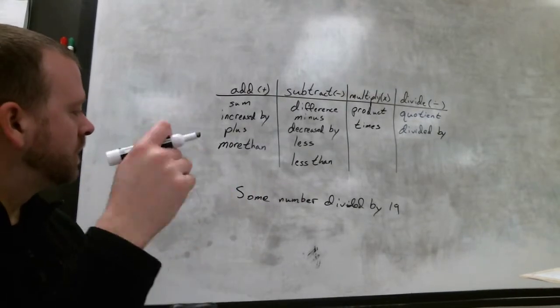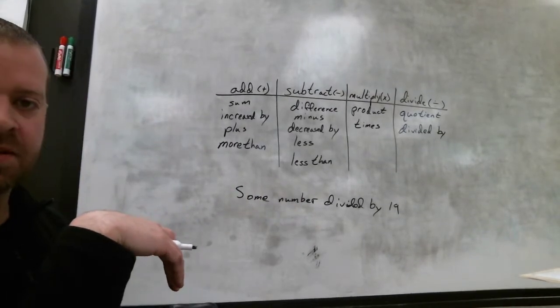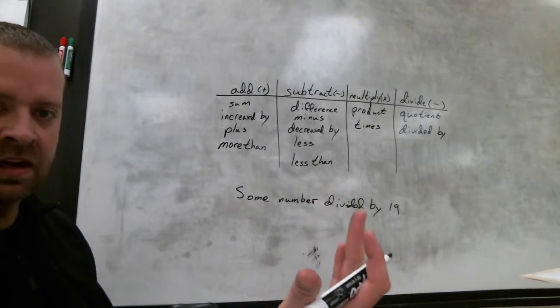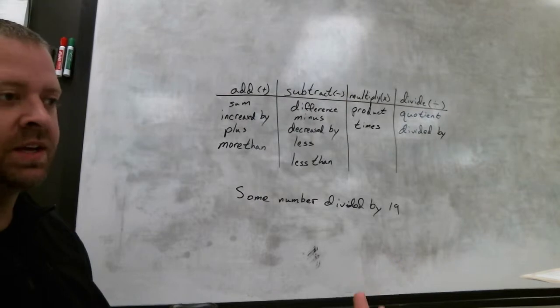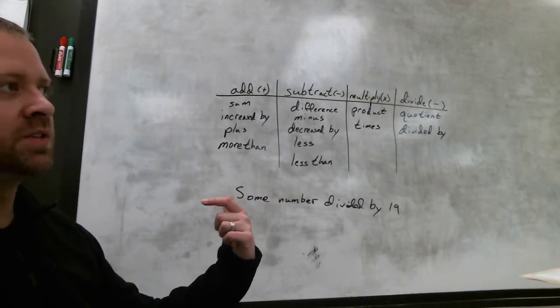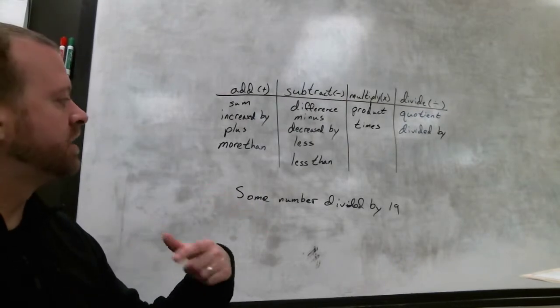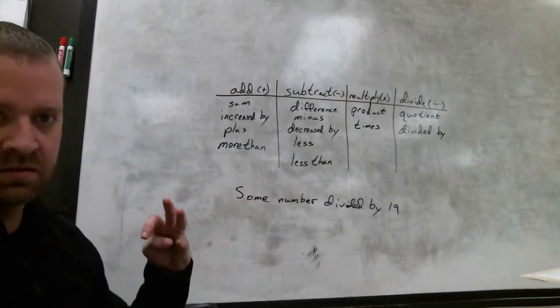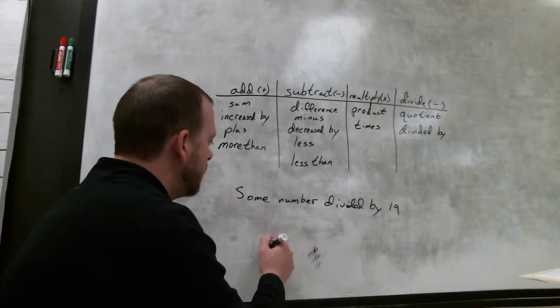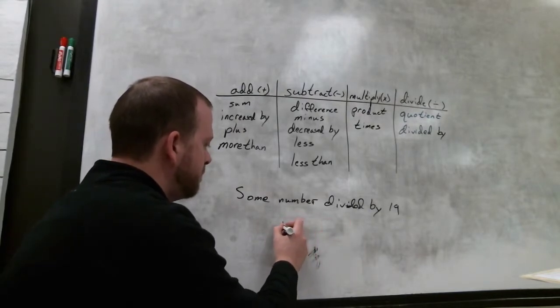So I look at this, and I know some number. That's my variable. So I just need to pick a letter, unless they specify. Okay? Sometimes they'll say some number which is represented by Z, or some number that is Z. Sometimes they'll give you that. But if they don't give you, you get to pick. Yippee. So some number, so this time I'm going to say B.